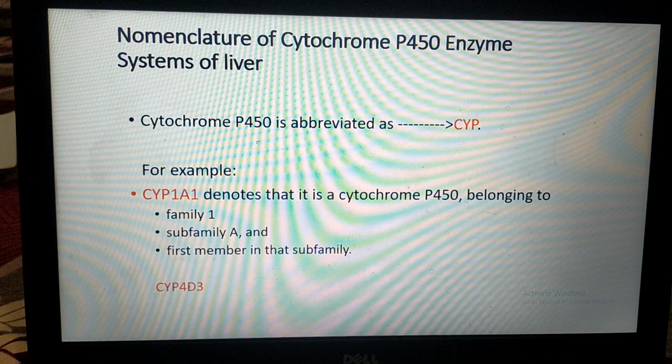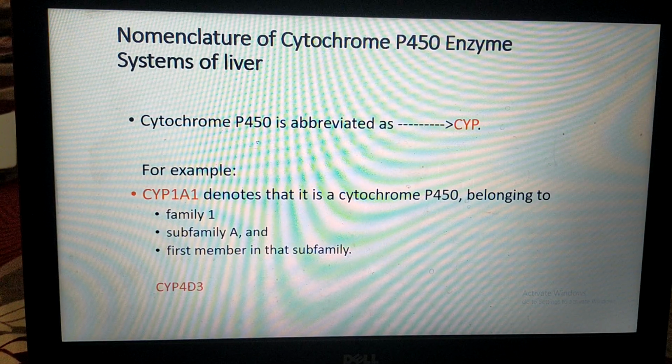In this way, just like enzymes, they are named. Next example is CYP4D3. Here CYP indicates cytochrome P450, 4 means it belongs to family 4, D means subfamily D, and 3 denotes that it is the third member in that subfamily. In this way they are named; there is no need to remember this. Just you should know it whenever such a short form is there in your textbook.